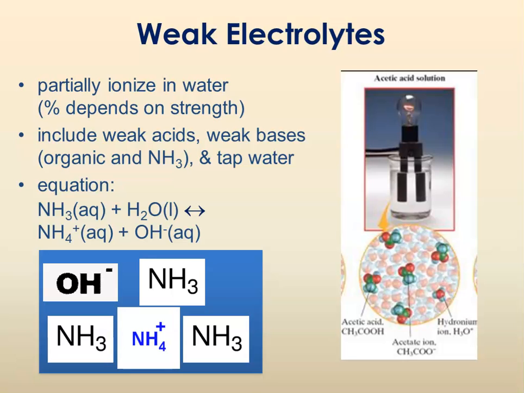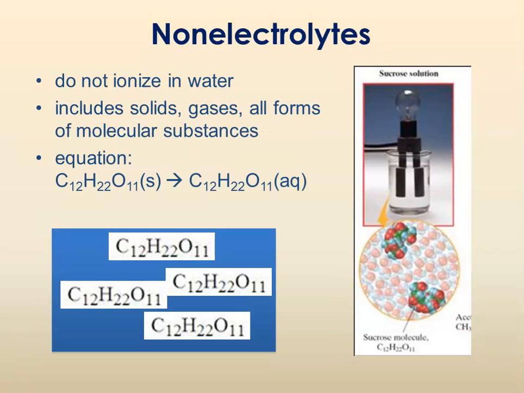And in the case of ammonia, it stays primarily as ammonia, which is why if you look at the pictures in the blue box, you will see 3 of the 4 ammonia molecules are still intact. Only one of the ammonia molecules actually went through dissociation to produce the ammonium ion as well as the hydroxide ion. So those 2 ions are the only part of that particular mixture that would be capable of completing the circuit.